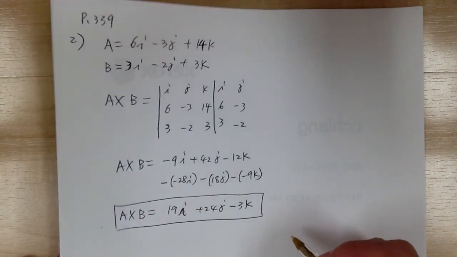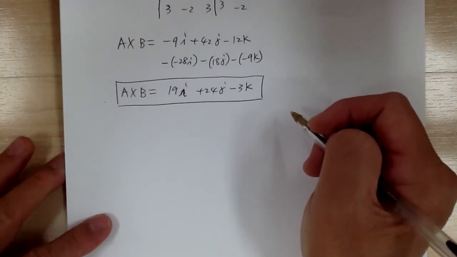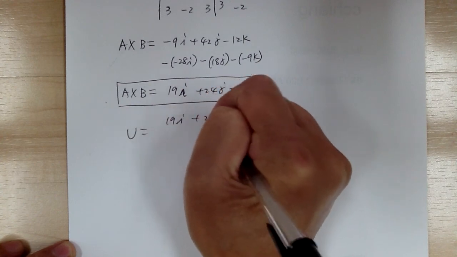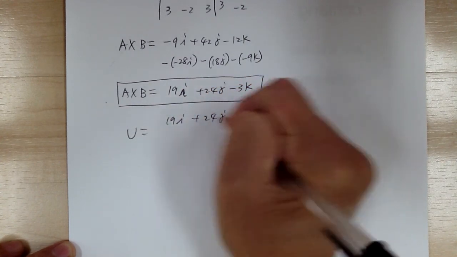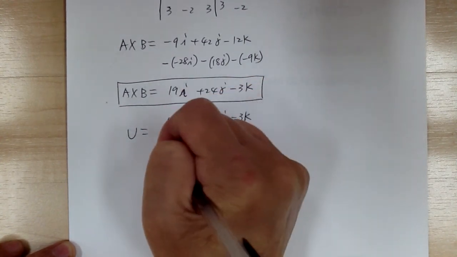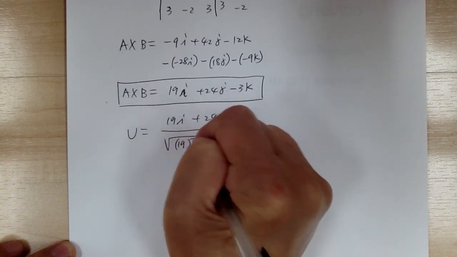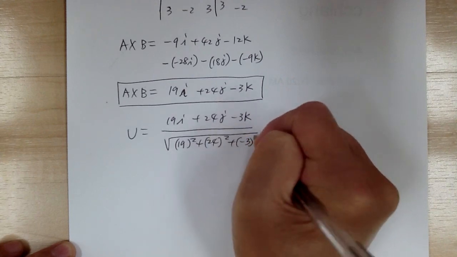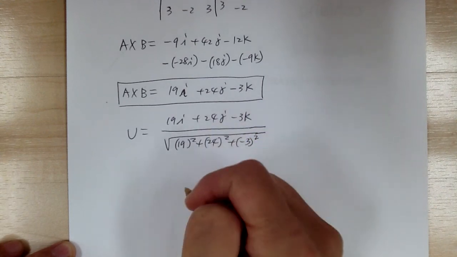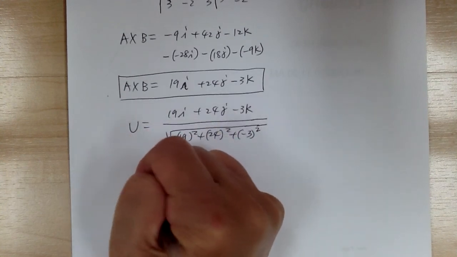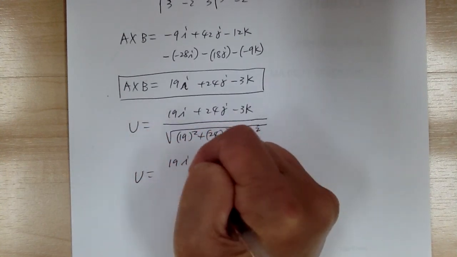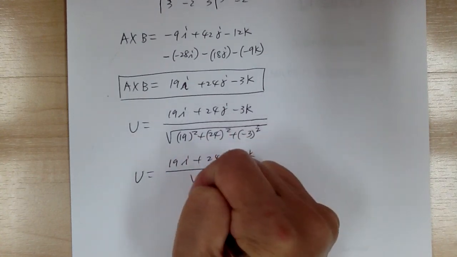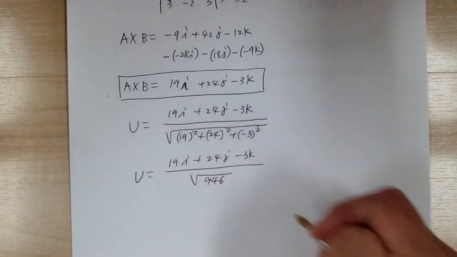And then to look for the unit vector, you just divide it by its length. So unit vector would be 19i plus 24j minus 3k. You can get your direction first and then divide by its length. So unit vector equal to 19i plus 24j minus 3k over square root of 946.